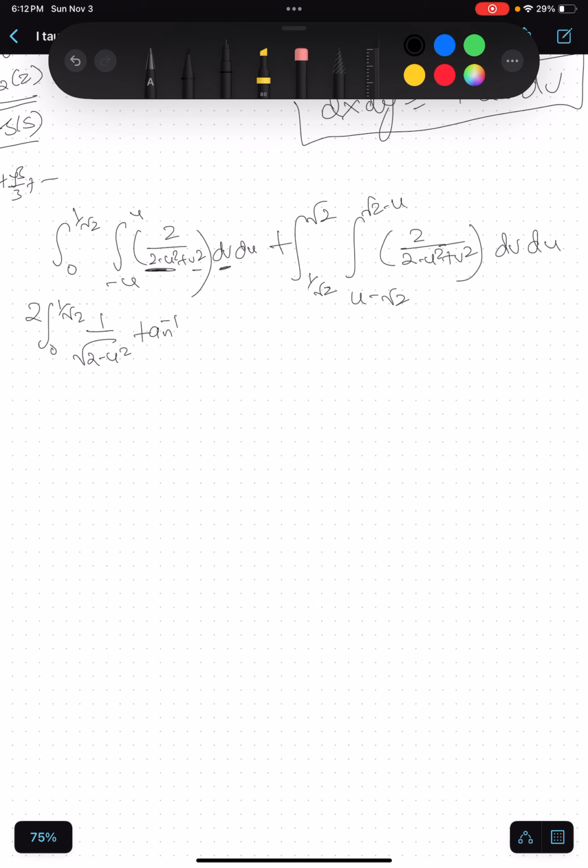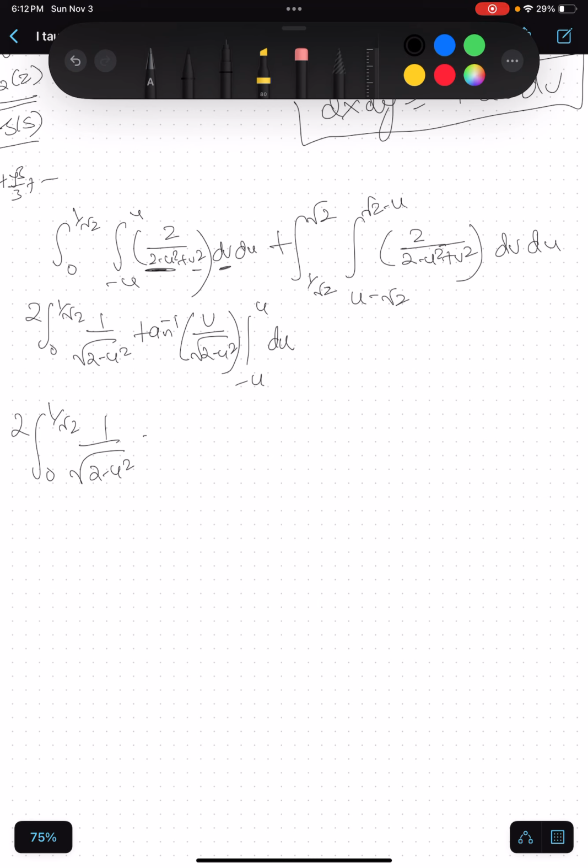So tan inverse b by square root of 2 minus u square, going from minus u to u du, right? So 2 times integral from 0 to 1 by root 2, 1 by root under 2 minus u square. You know that we should evaluate at u and minus evaluate at minus u, right?